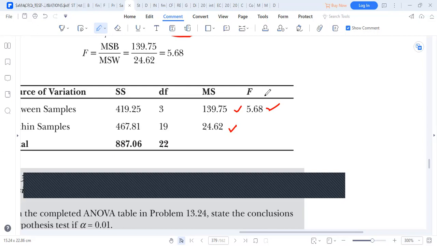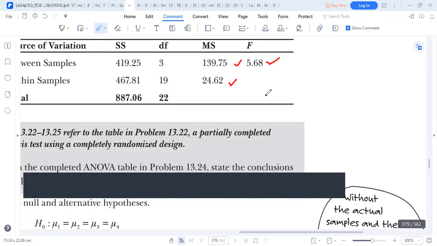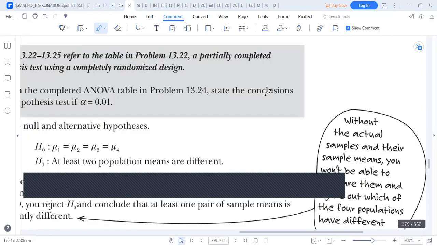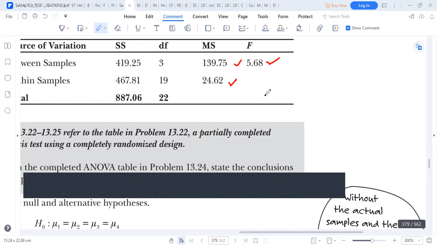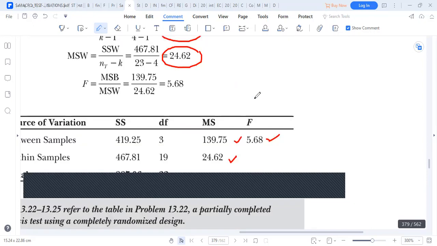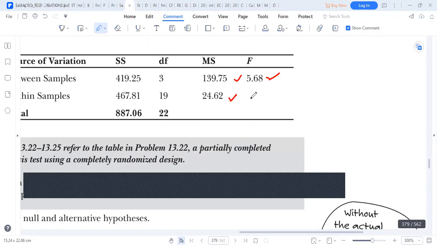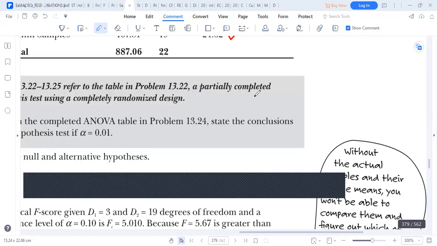Then they ask you how many observations are there. Okay, some of the fun questions, how many observations are there? And how does it bring the questions?